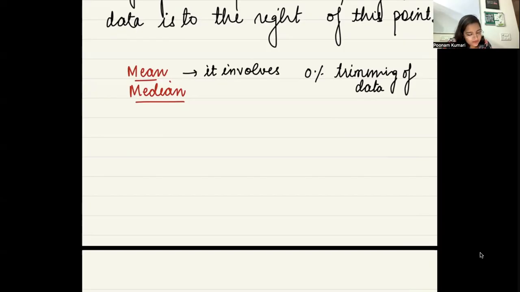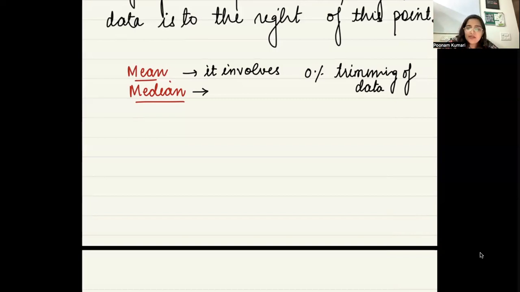In median, what happens? Whenever you calculate median, you don't care what is on the left, you don't care what is on the right. All that matters to you is, if the data is even, those two middle points, and if it is odd, that one central middle point. You don't care what is happening to the left or to the right, as long as the position is the same.